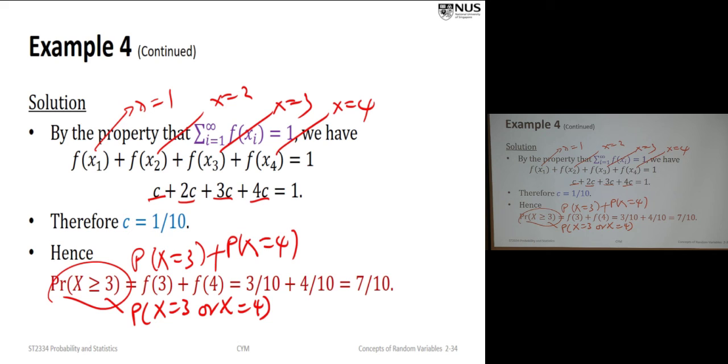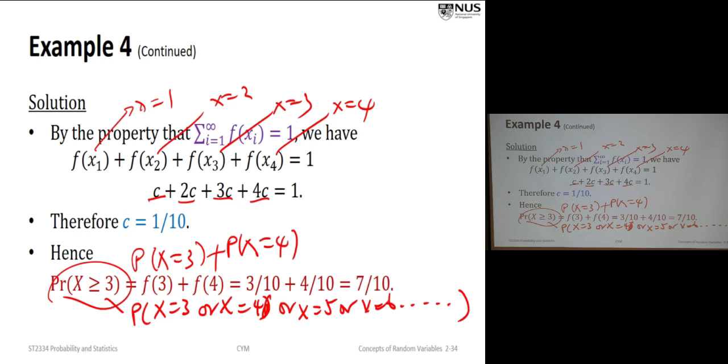Can it be 5? If you want, you can put it down, but the probability of x equals 5 is 0, so we ignore it. Strictly speaking, this is supposed to include x equals 5 or x equals 6 and so on. X bigger than or equal to 3 means this.